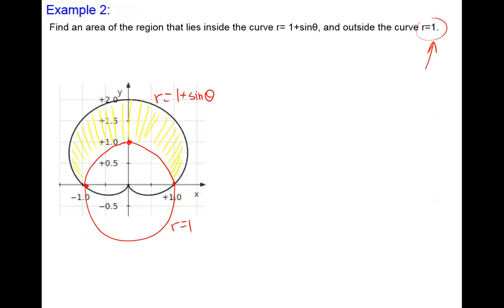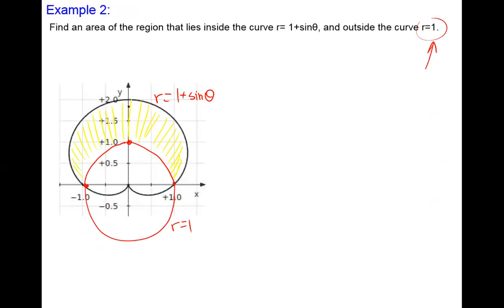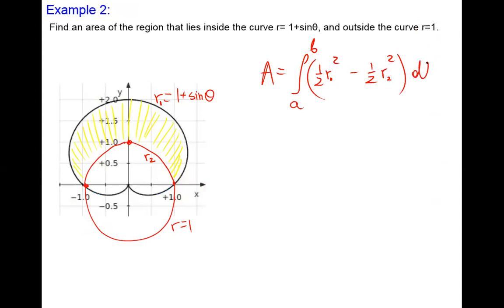That means what we can do. Did I type the solution? No, I didn't, even better. Integral from A to B, and since I am involving two curves, let me write the first one, and this will be the second one. 1/2 r squared, 1/2 r squared, the first one and the second one, d theta.